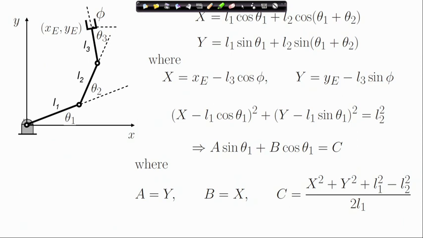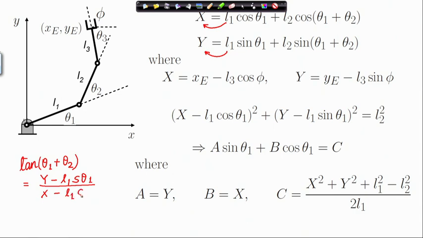So, theta 2, you can see that if I take these terms to the left hand side and take the ratio of the second equation with the first, then I have tangent of theta 1 plus theta 2 is equal to y minus L1 sin theta 1 by x minus L1 cosine theta 1.